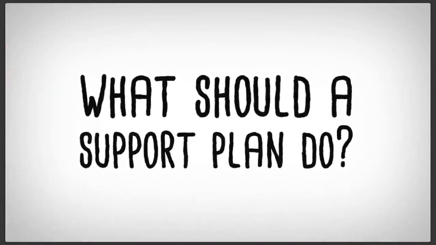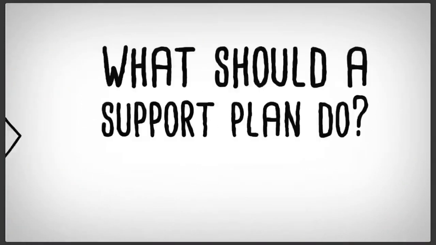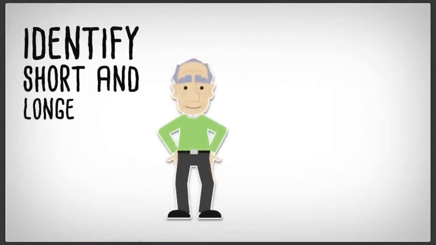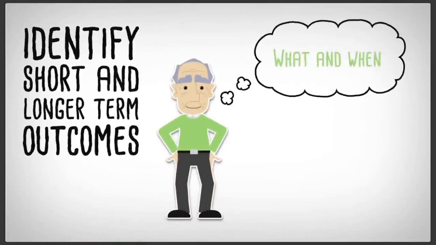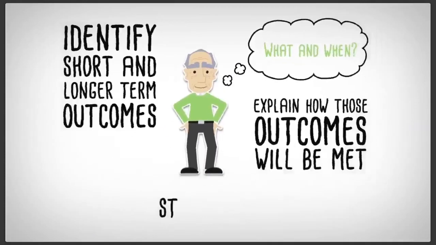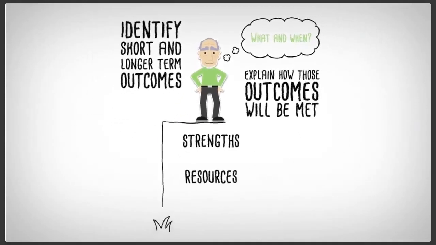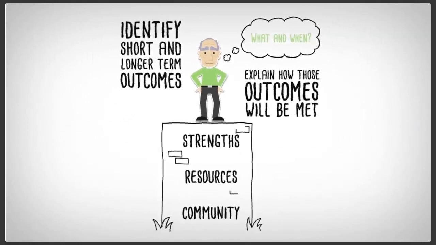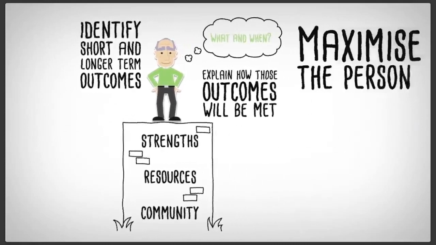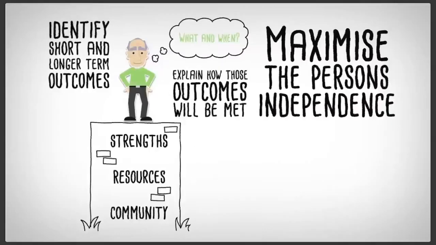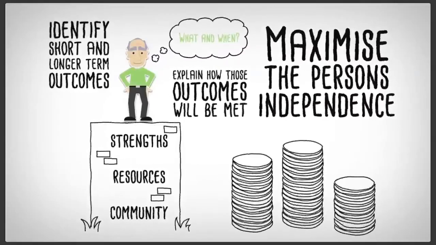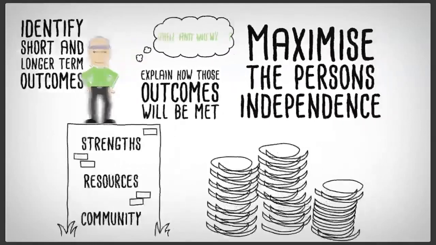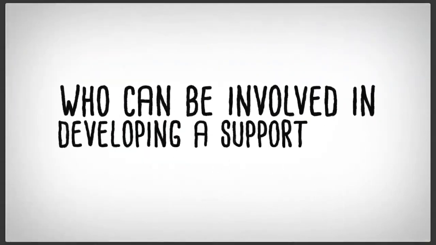What should a support plan do? Identify short and longer-term outcomes that the person wants to achieve. Explain how these outcomes will be met. Build on the strengths and resources of the person and the community around them. Maximise the person's independence. Identify how much money may be spent to meet the person's eligible needs. Who can be involved in developing a support plan?